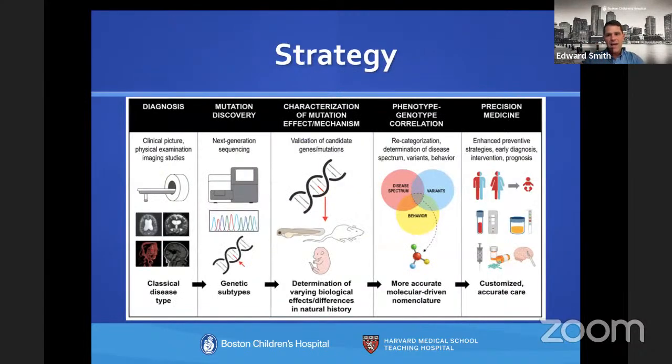At the end of the day, what I'm hoping we as a field can move towards is this strategy where we will be smart in making the diagnosis. And that can be with imaging, that may be with biomarkers, whether the urine, serum, spinal fluid, whatever. And once we have that diagnosis, in addition to the prognostic information we get from the natural history studies, like I presented at the beginning of the talk, we can do next generation sequencing.